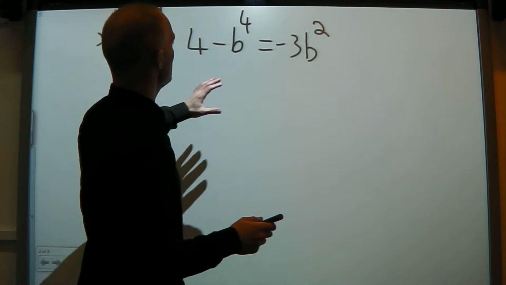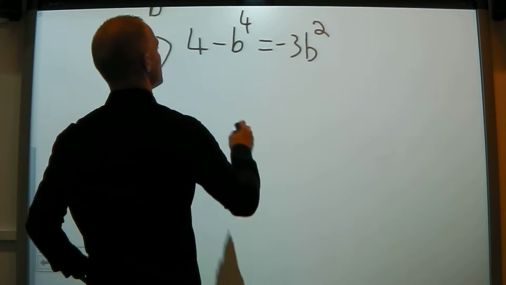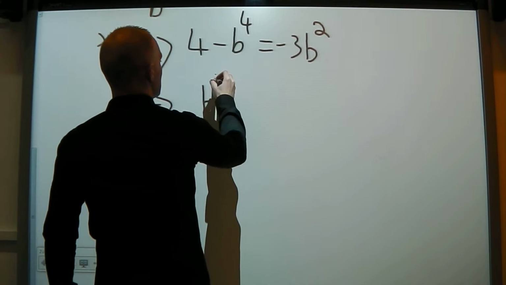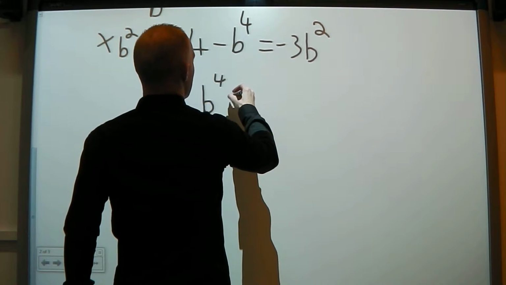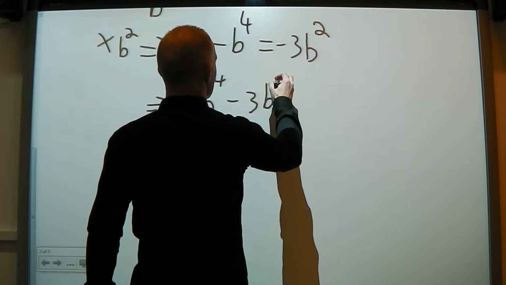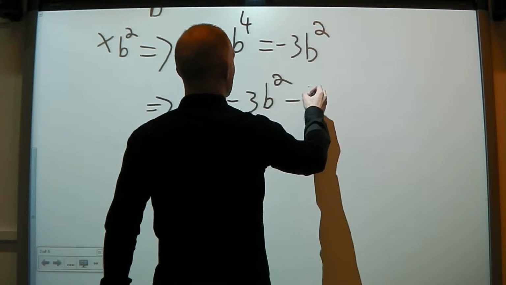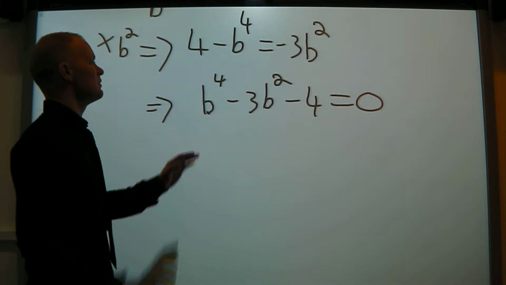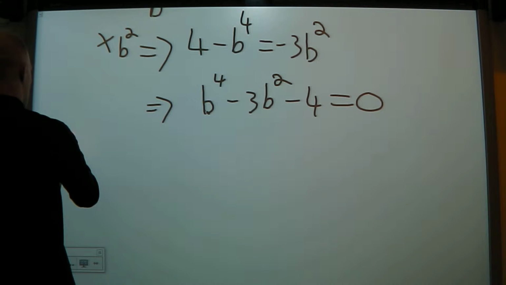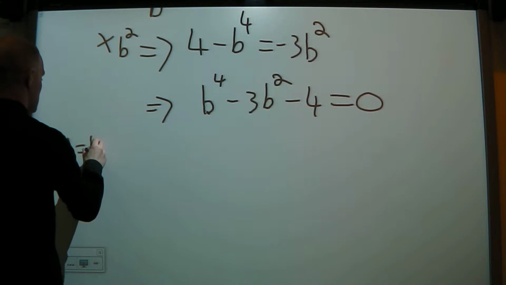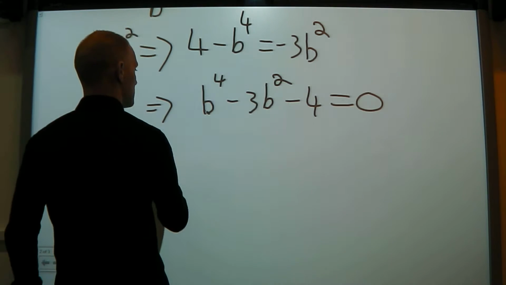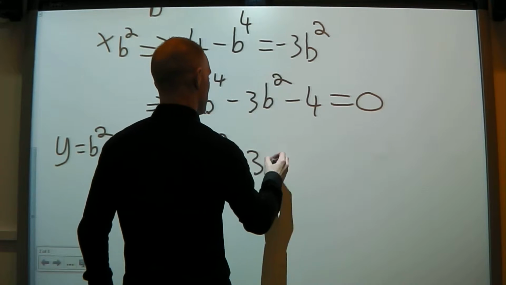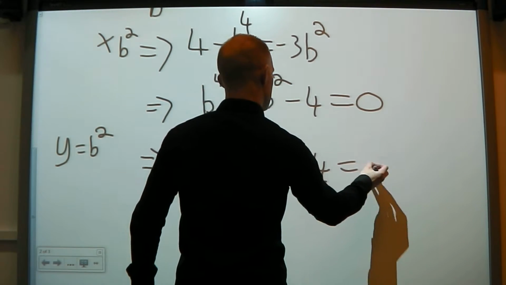Now, what we can do here is just bring everything over to one side so we get a positive b to the power of 4. So that implies b to the power of 4 minus 3b squared minus 4 is equal to 0. Now, what we'll definitely do for this type of question is let y equal b squared. That implies y squared minus 3y minus 4 is equal to 0.